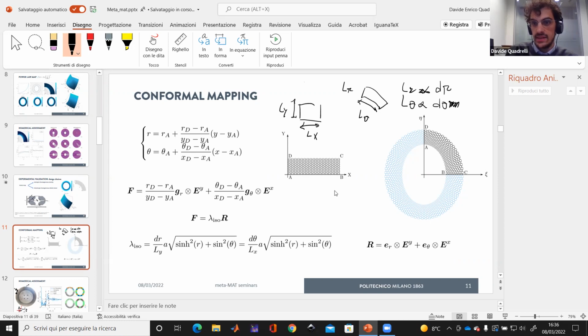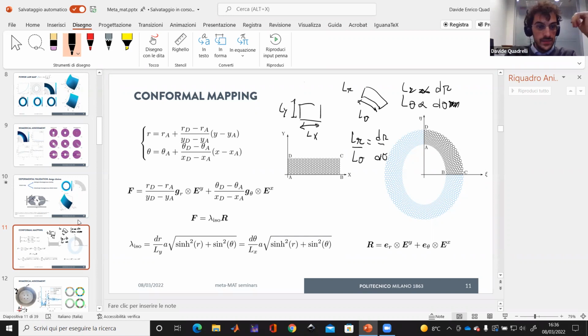So the idea is that Lr over L theta is just equal to dr over d theta. If you map a Cartesian grid onto an elliptical grid, not only do the principal directions naturally align with the principal directions you need, which is crucial because you have the anisotropy defined in that way and you have to rotate it, but also they are naturally not distorted with a linear map, which is kind of super easy.